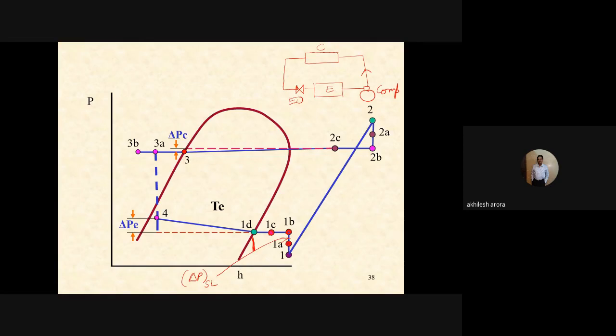It's a sort of isenthalpic process in the suction line. So delta P suction line is the pressure drop in the suction line. Then 1A to 1 is the pressure drop delta P at inlet to the compressor.